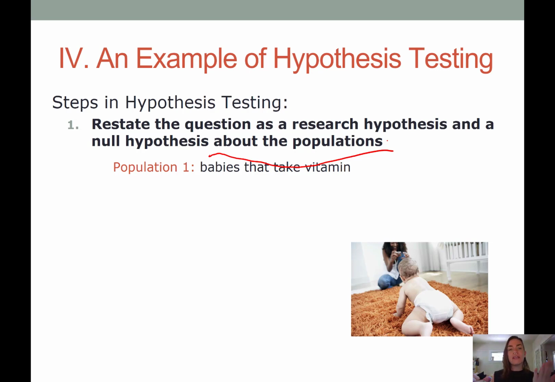So we're always stating the populations in terms of the broader world, not about my study. Okay. So population 1 is babies in the world who get this new vitamin. And population 2 is babies in the world in general who don't take this new vitamin.